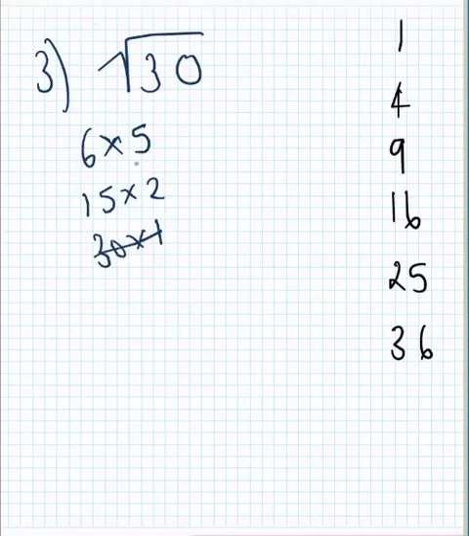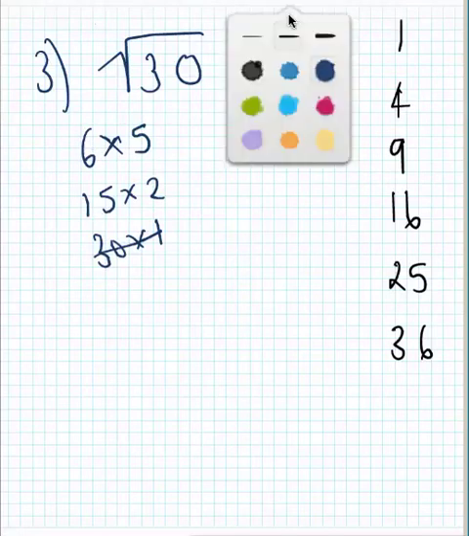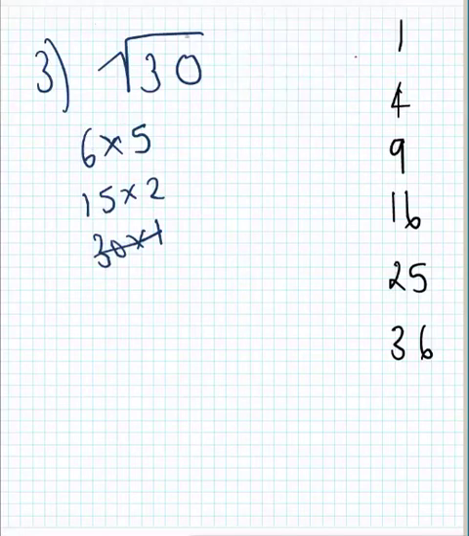Now, if I use these factors here, are any of these numbers 6, 5, 15, and 2 perfect squares? No, they're not. So it's actually impossible to simplify the square root of 30. This is just going to give us the square root of 30. We can't actually simplify it, and that's because none of its factors are perfect squares. So we can't really do anything.